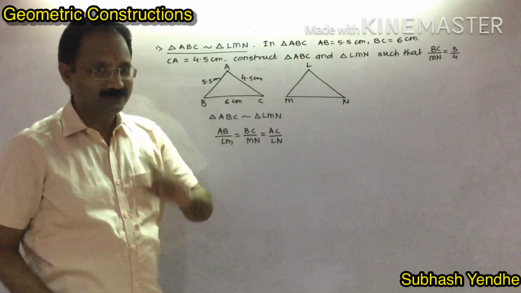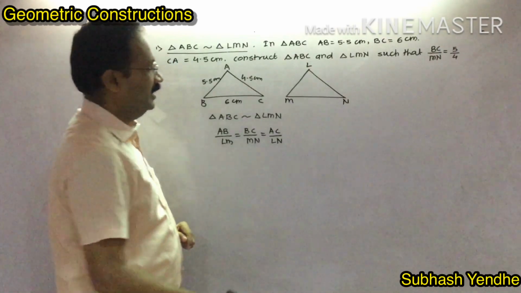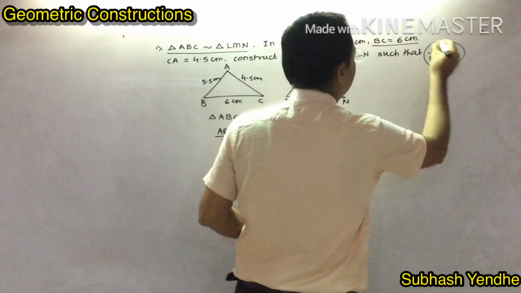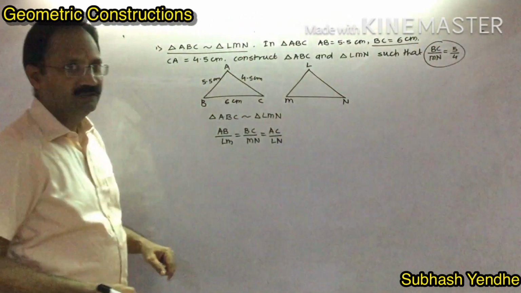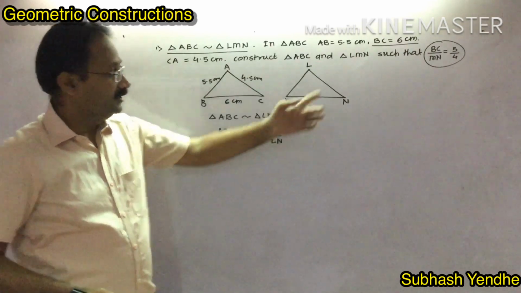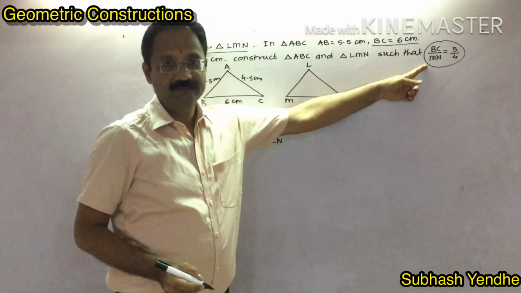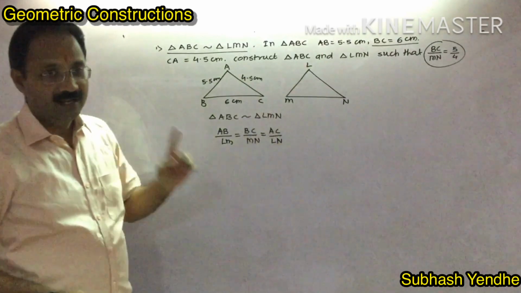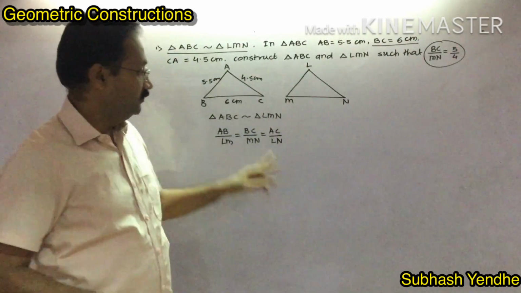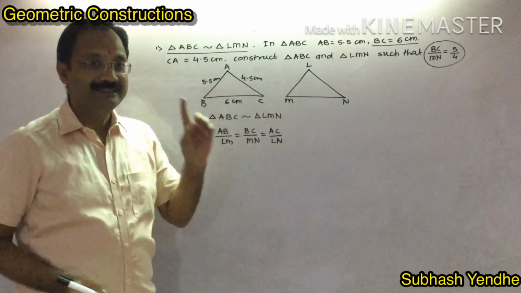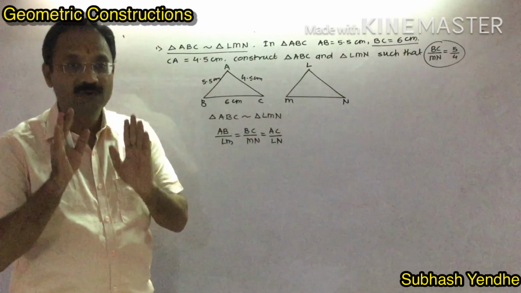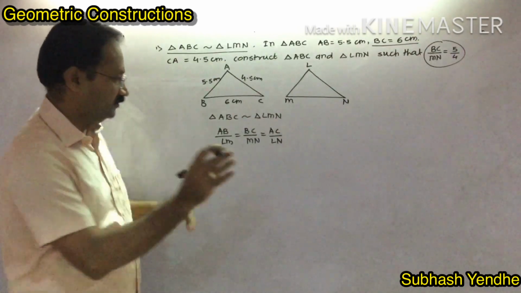Now I know that you will be confused. Why? Because here the value of BC is given and again the word BC is here. So which do we take first? So always remember, you have to take the ratio first. If you take the ratio first, then you can find the remaining sides.